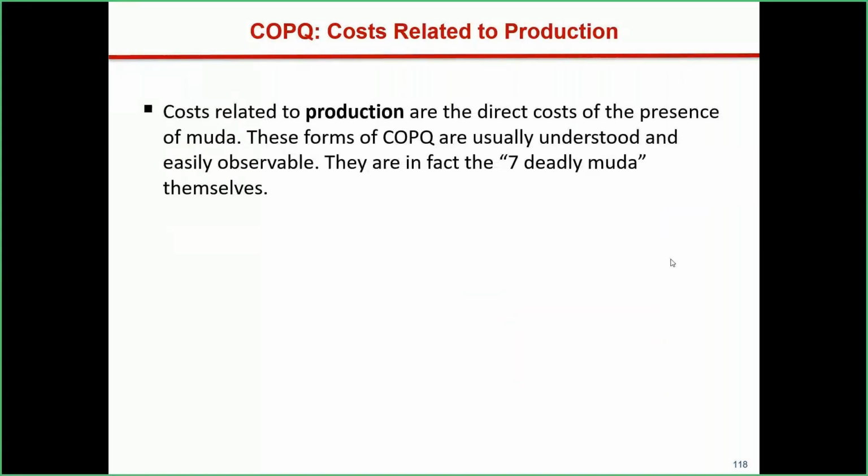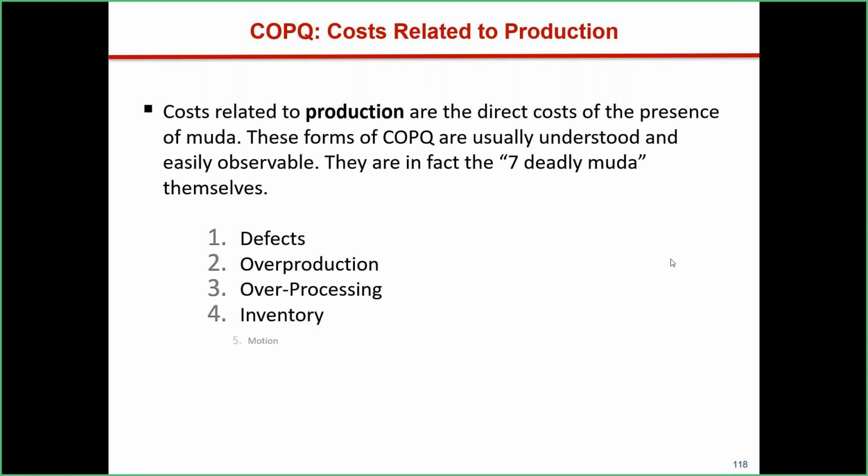Costs related to production are the direct cost of the presence of a muda. These forms of COPQ are usually easily observable. They are in fact all the seven deadly mudas. So the cost related to production is nothing but all the seven wastes that we just went through: defects, overproduction, overprocessing, inventory, motion, transportation, and waiting.